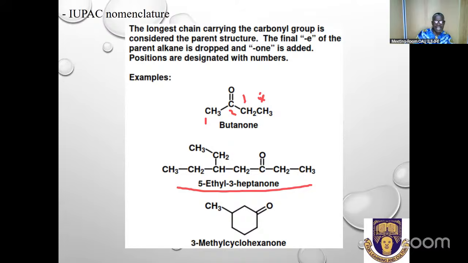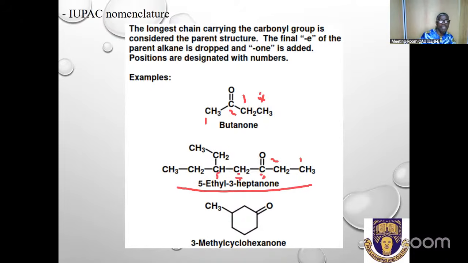Okay, just like I said, give the smallest number to the carbon bearing the oxygen, that is the carbonyl. So we start numbering from right this time around. So this is carbon 1, carbon 2, carbon 3, carbon 4, carbon 5. Here we need to pause.